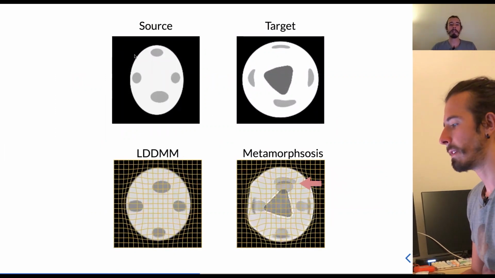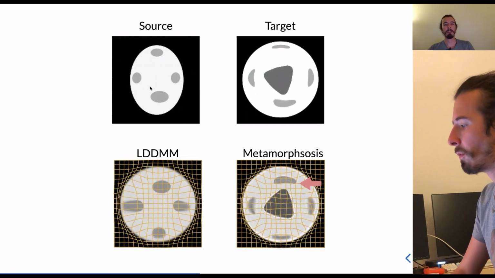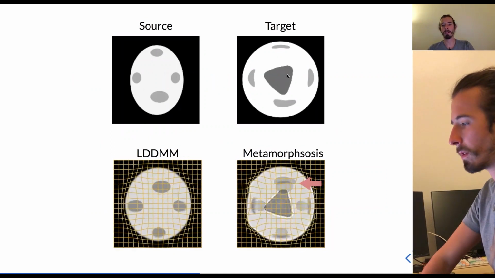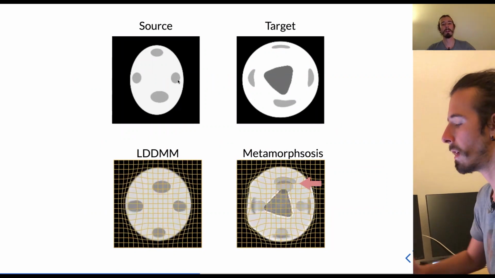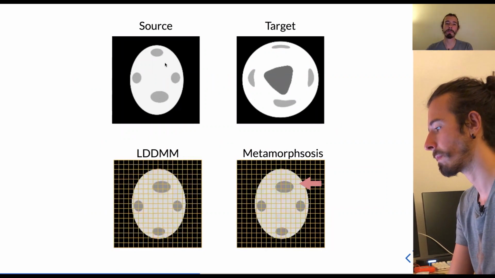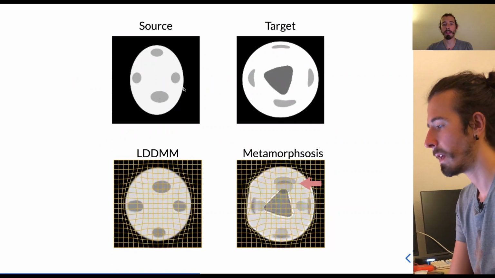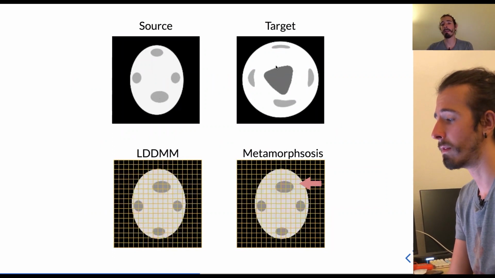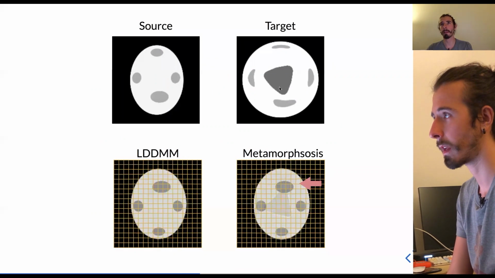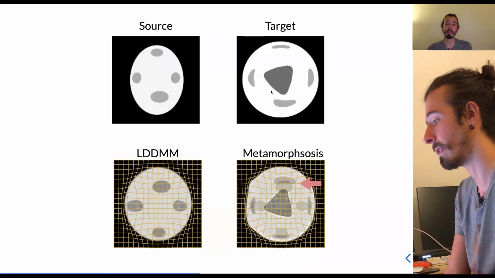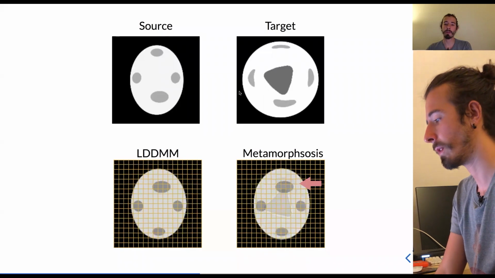Let's examine a first example. We want to match this source image on the target image, and let's say these 4 shapes are 4 organs, and the target image has a cancer that grew inside, pushing the surrounding tissue.